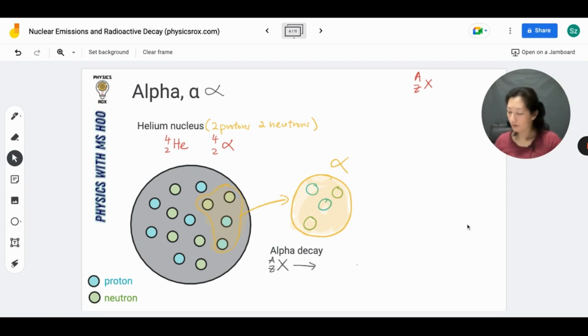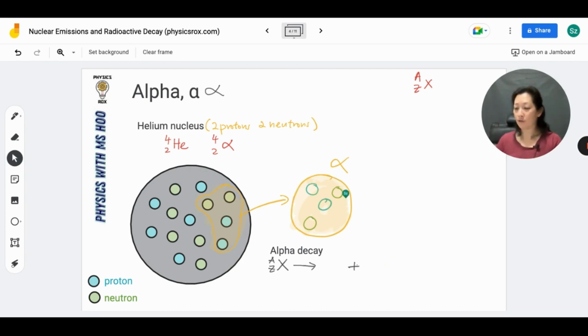Now, if you look, the decay process here has produced two products. We have the alpha particle, and we also have this nucleus here, which has lost 2 protons and 2 neutrons. This is how we normally write it. The first part is normally this remaining nucleus, and the second part here will be the alpha particle.